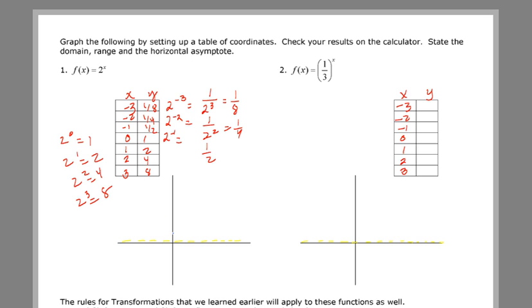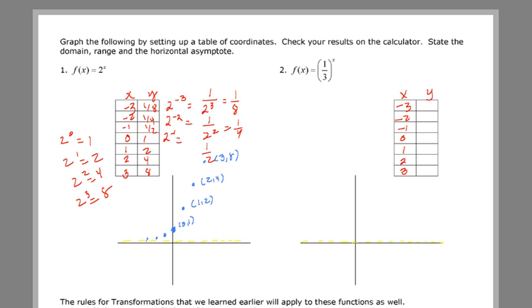So I've got 0 and 1, there's my 0, 1 point. I've got 1, 2. I've got 2 going up to 4. And let's say I've got 3 going up here to 8. On the left side, negative 1 is at a half, negative 2 is at a fourth, negative 3 is at an eighth.